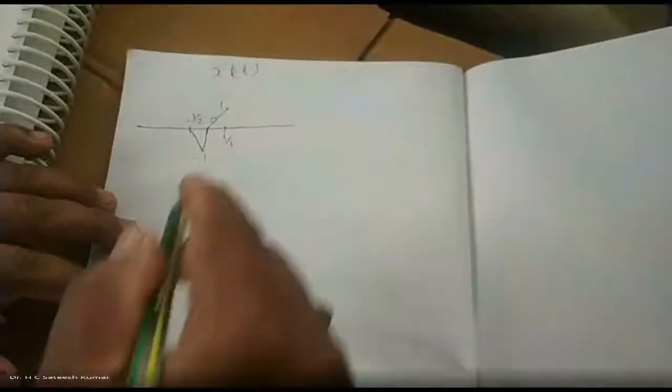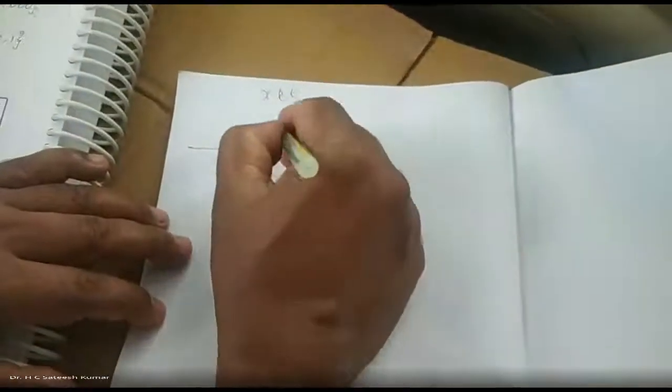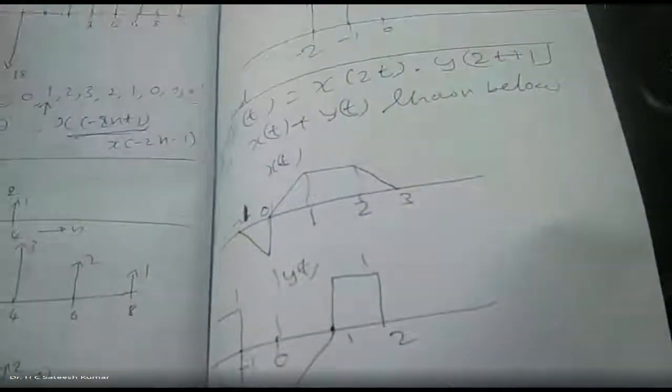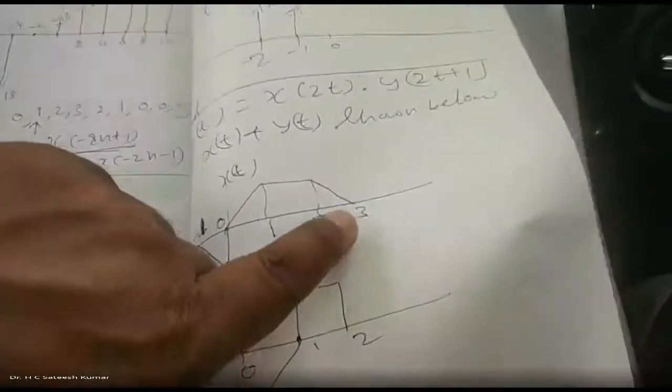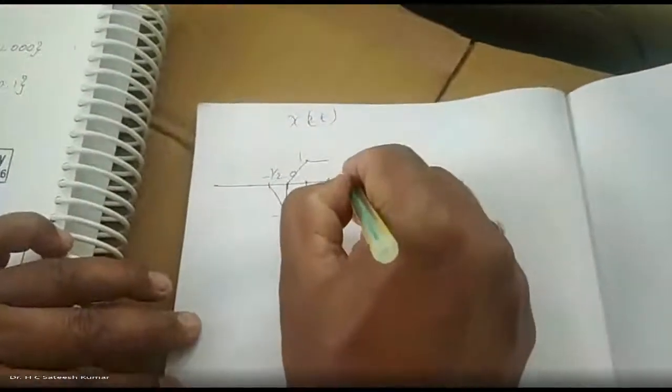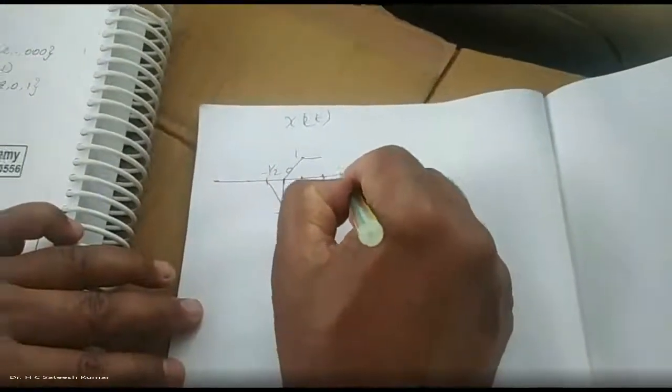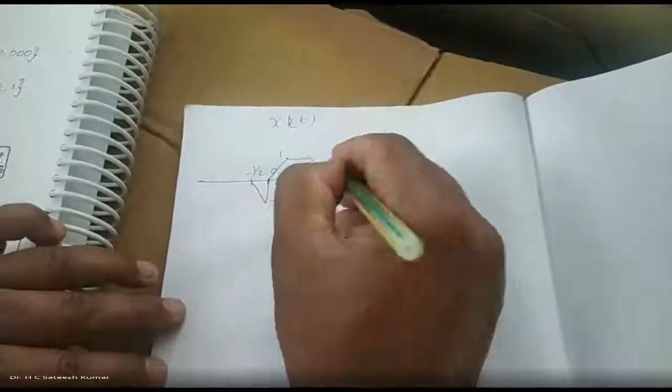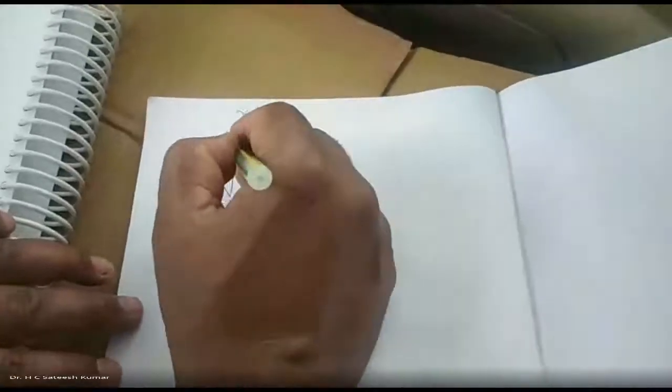Sorry, one half is 1. But at 1, it will be like this. And 2t is equal to 3. Therefore, t is equal to 3 by 2, that is 1.5. So this is your x of 2t.